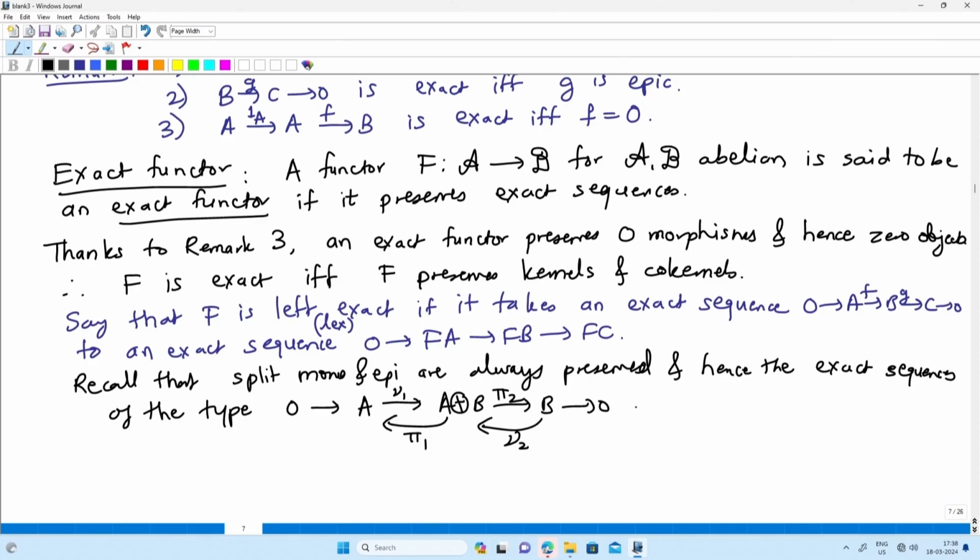So these are preserved by any lex or rex functor.